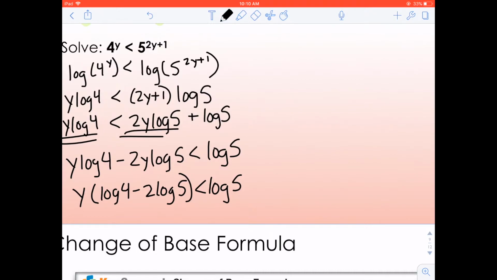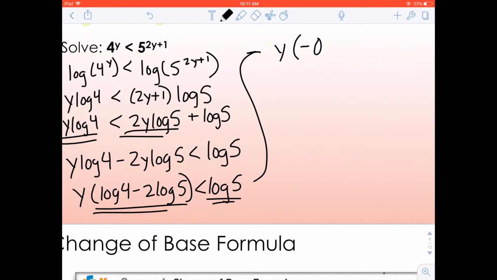Now another way to do this is we can evaluate this and then divide log 5 by whatever that was. Let's figure out what log 4 minus 2 log of 5 is. Okay, that's about negative 0.79 is less than log of 5.